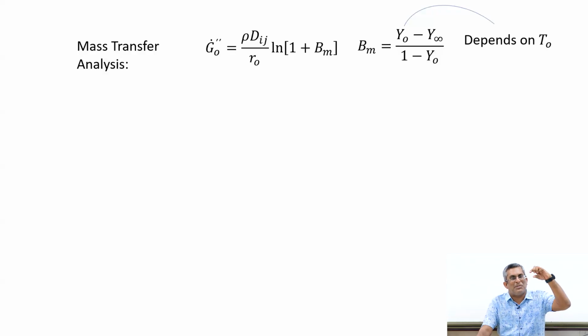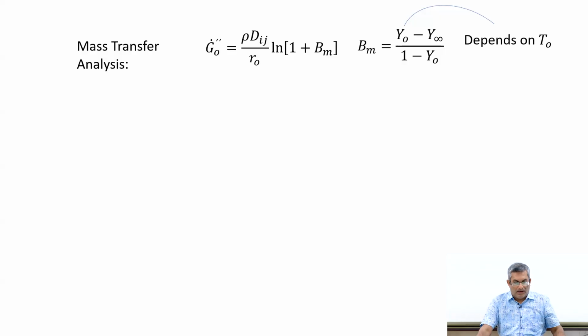So, without a temperature gradient, how can you have heat transfer and evaporation? In this case, the droplet temperature has to be less than the surrounding temperature. And this is closely related to the concept of wet bulb temperature.